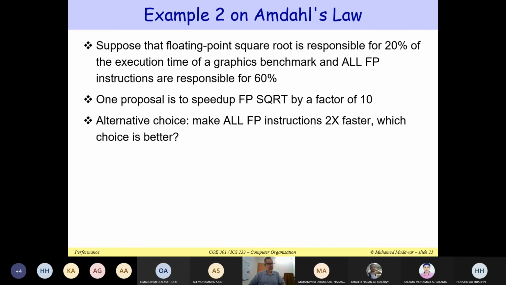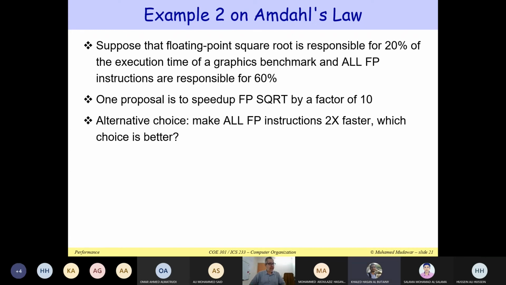How do we decide? How do we use Amdahl's law to decide which one should be improved? Okay, so how do you solve this problem? Students? Any response?